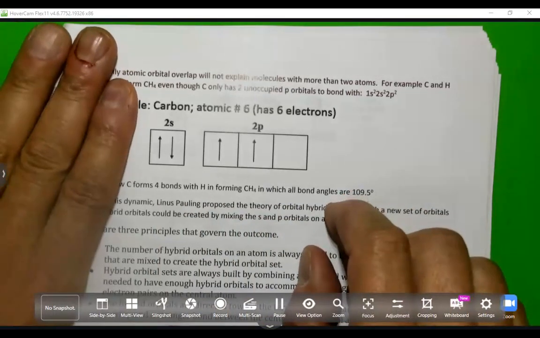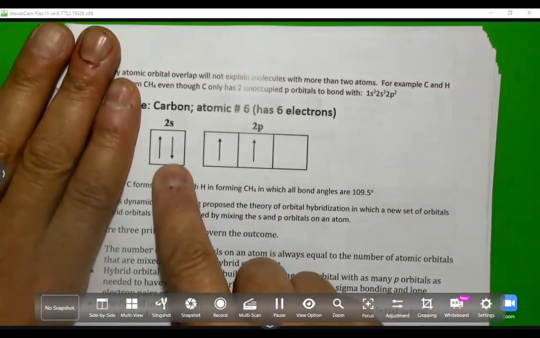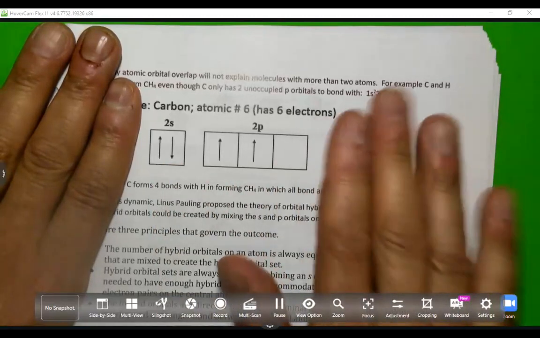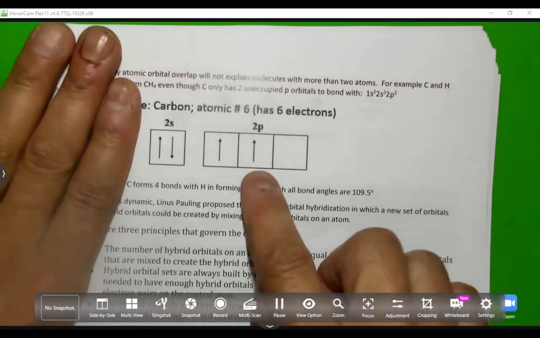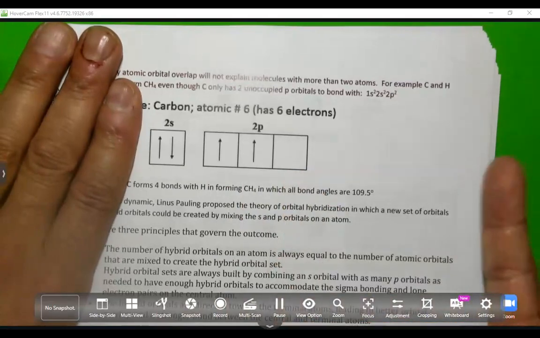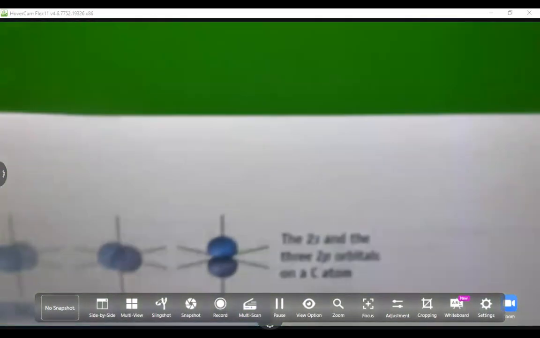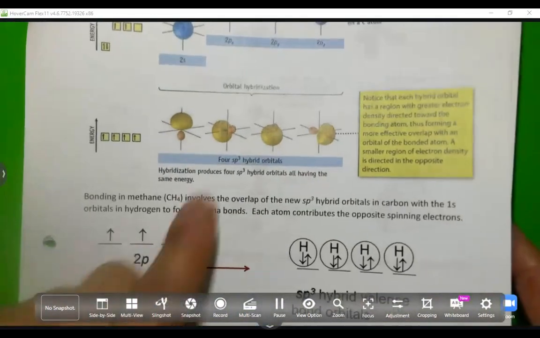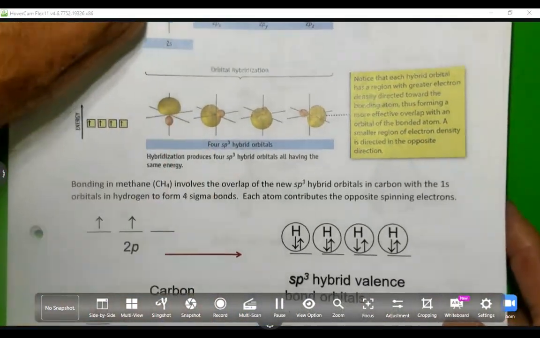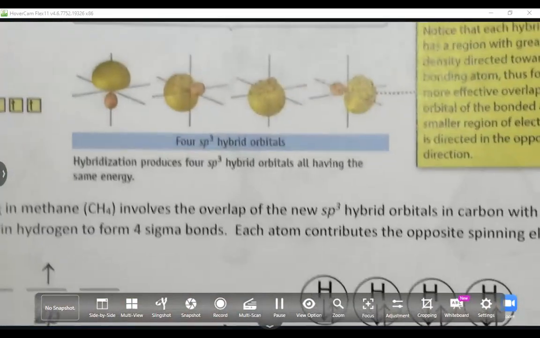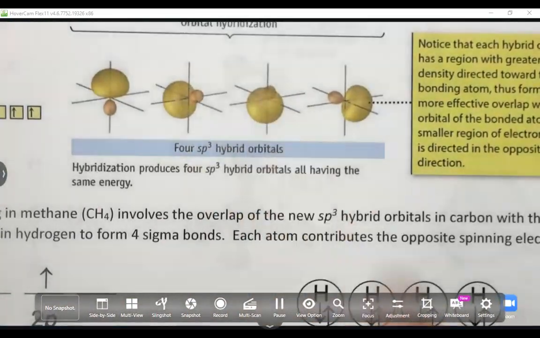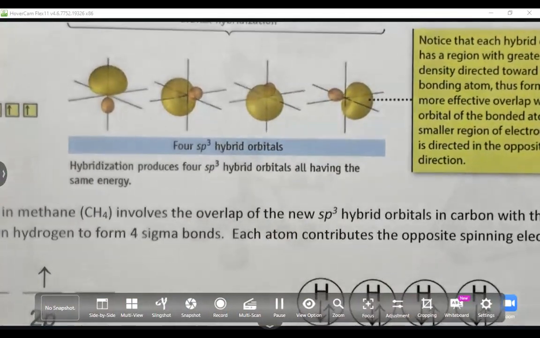If we make sp3 hybrids, one of these goes out of the 2s and goes into the 2p, correct? So we'd have 1, 1, 1, 1. And again, this is what it looks like. You don't have really s-shaped anymore. You don't have p-shaped anymore. You have these in-between hybrids.